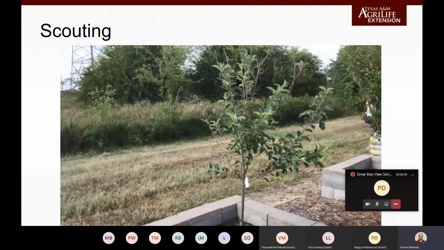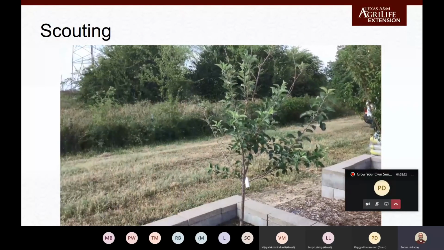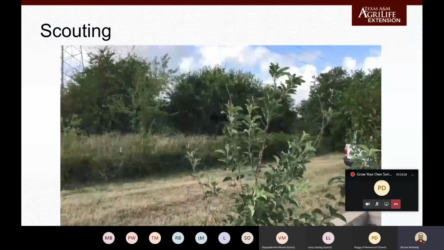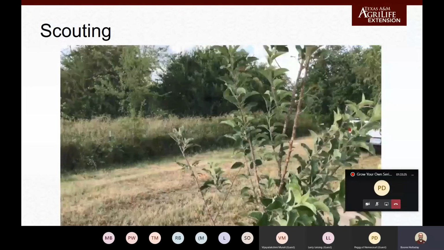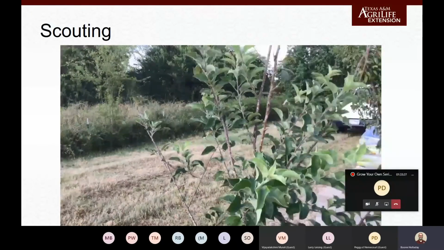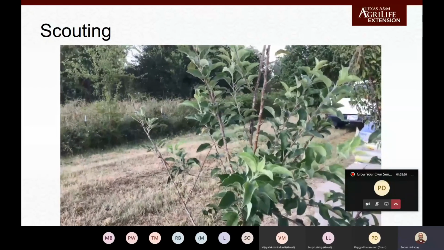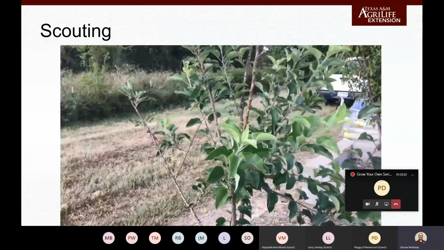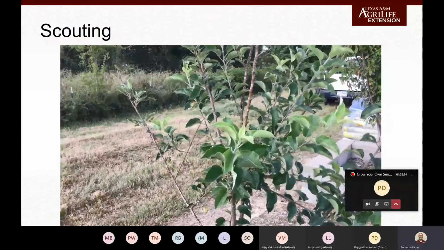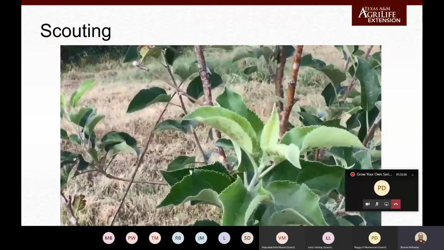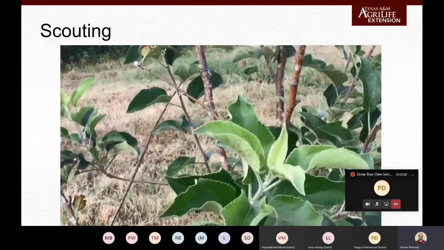Again, we are scouting for symptoms early on, so this is part of the IPM, and so I'm going to try to zoom in onto this branch right here and see what we can find.